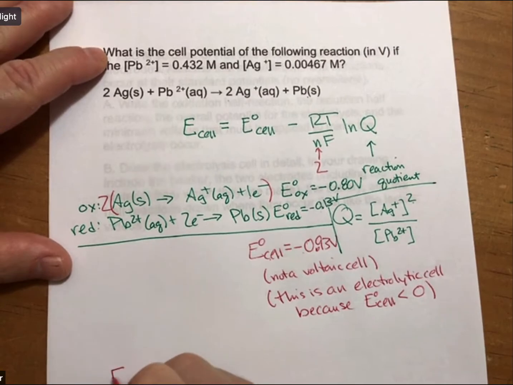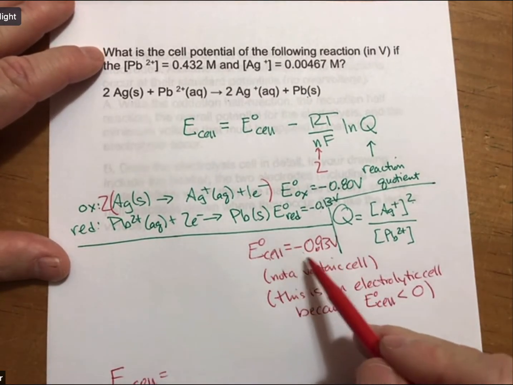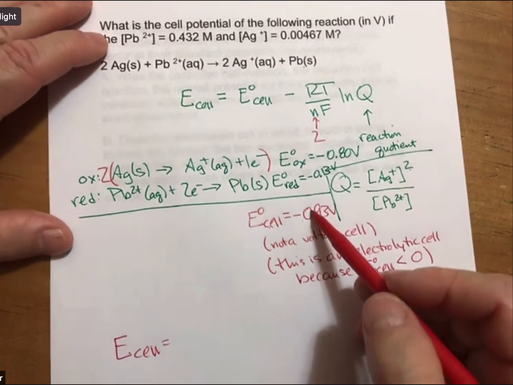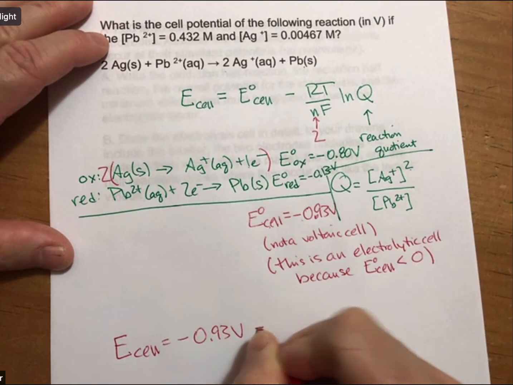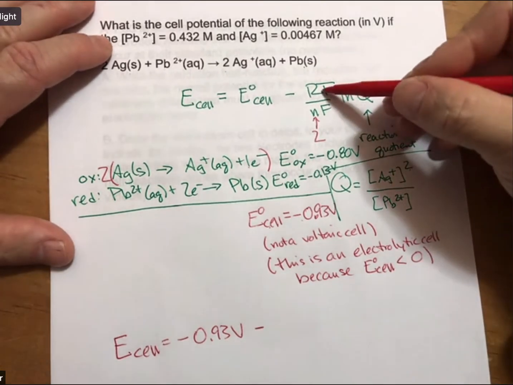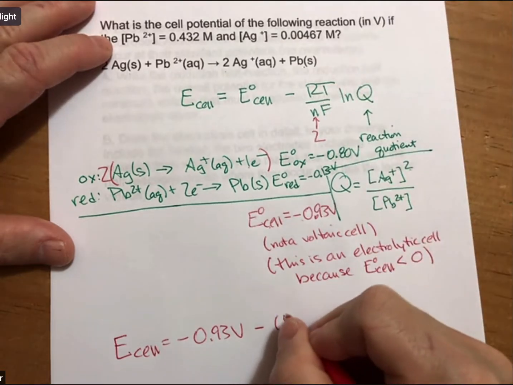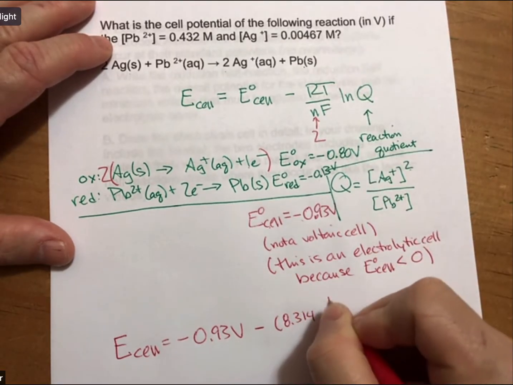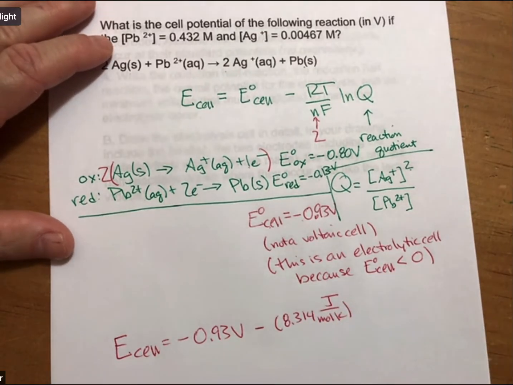Our E cell is our standard cell potential, which is minus 0.93 volts. Plugging in all our terms here, 8.314 joules per mole Kelvin.